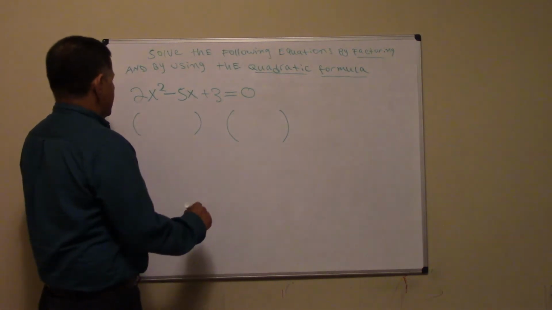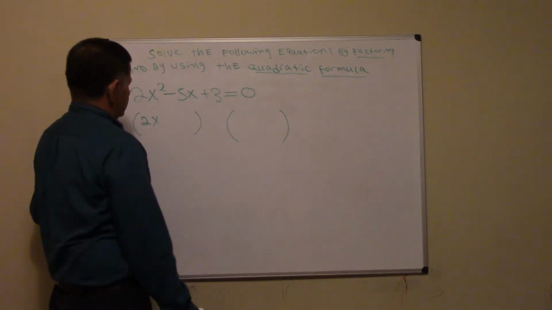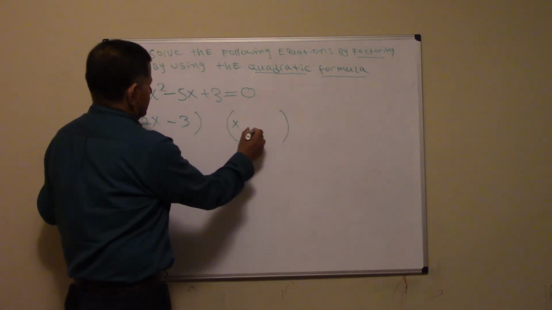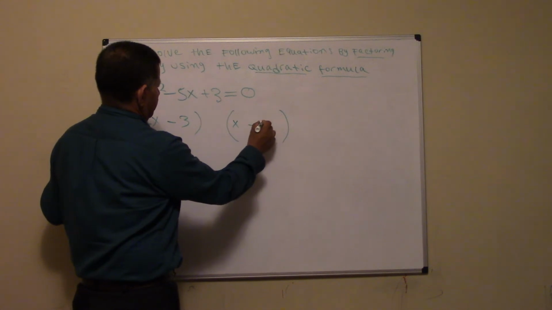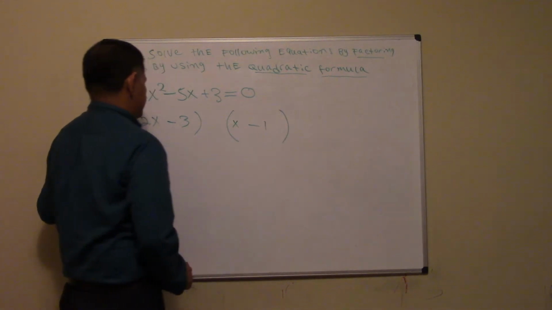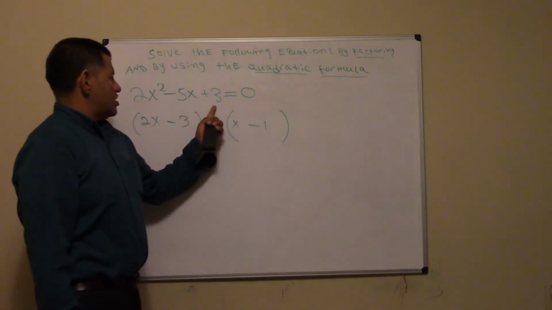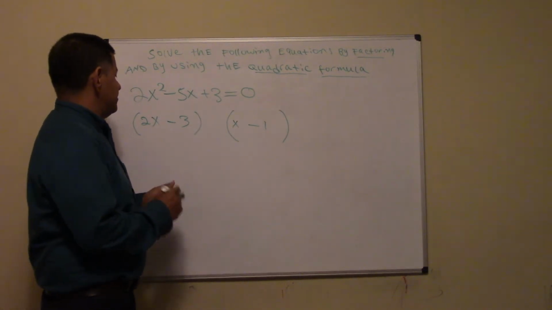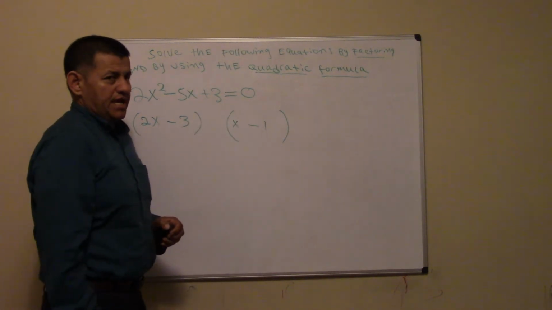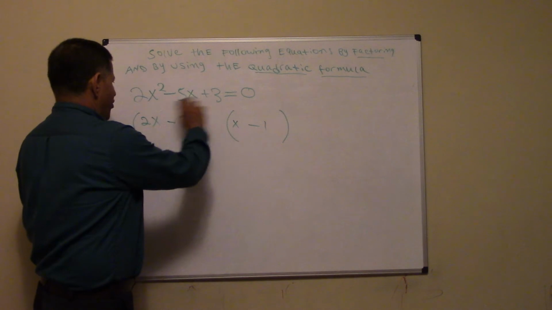So let's try 2x here, let's try minus 3 here, let's try x here, and let's try minus 1 here. The reason I pick minus 1 is because I know that 3 is positive, so in order to get this term to be positive, I believe that should be a negative 1, right? So let's follow this out and see what we get.